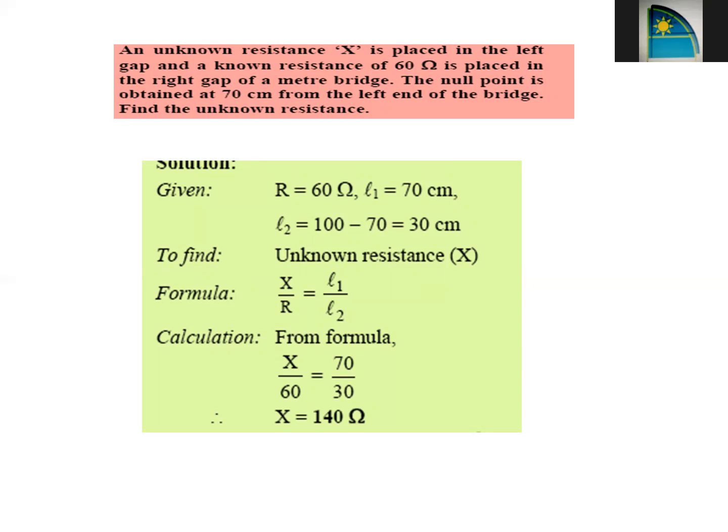In that case, resistance of the wire is directly proportional to the length of the wire. So that is the working principle of your meter bridge, that resistance depends upon length.